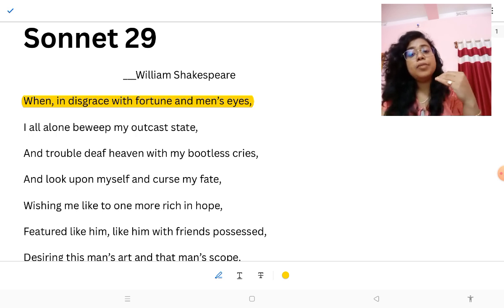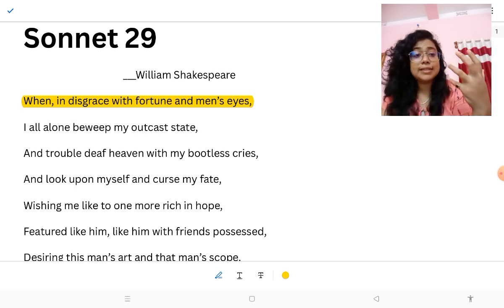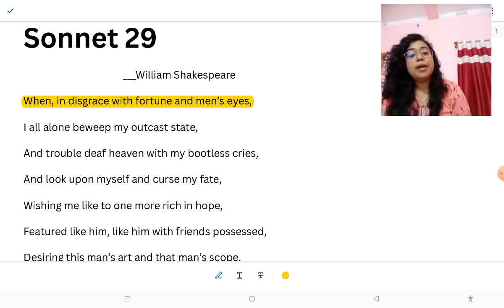And I am now in disgrace in men's eyes. Why? Because I became an outcast. Men do not respect me, men just show disrespect to me.